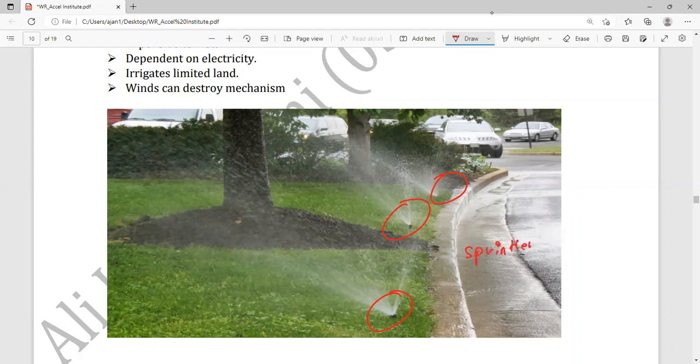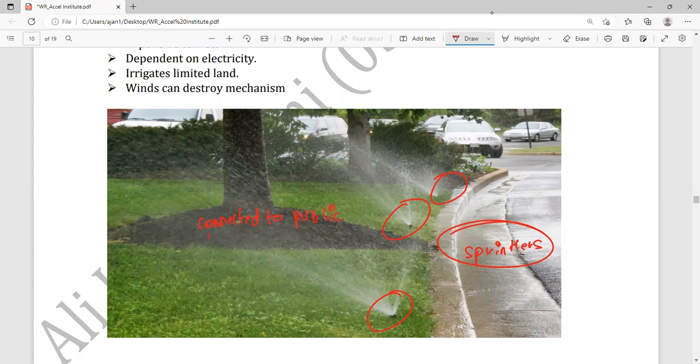I've seen them at home, we have one at home. So these are sprinklers. They are connected to public water lines. What are public water lines?